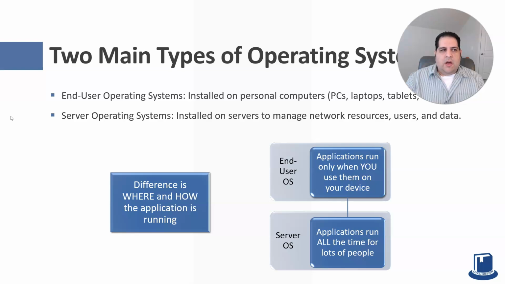It's installed on servers or specialized hardware that is used to manage network resources, multiple user environments, and to be able to store data from multiple people. Or maybe you have a storage device at home that is connected to your router, a network attached storage, where you can store your pictures, your files.